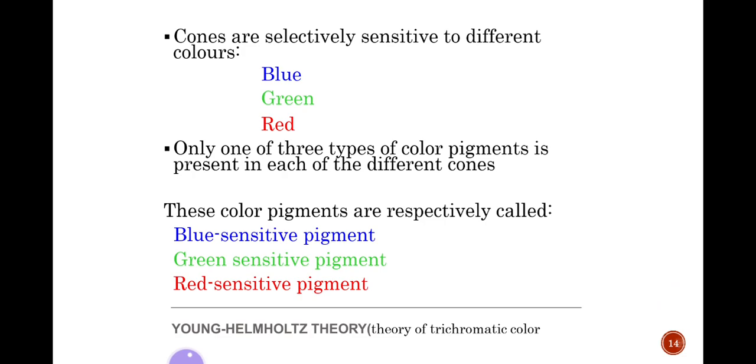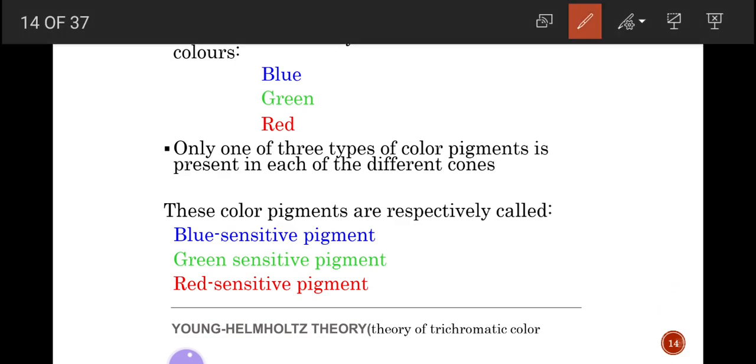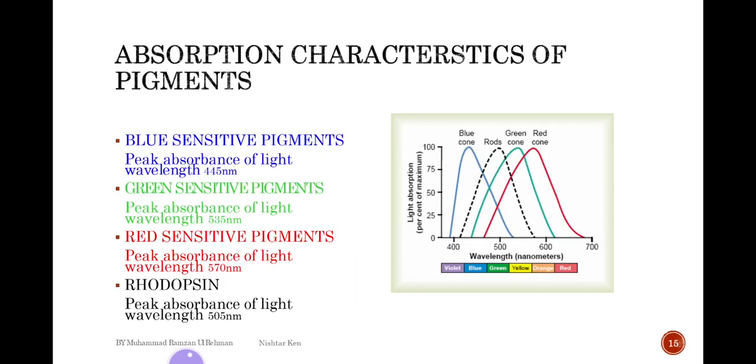Only one of the three types of color pigment is present in each of the different cones, and this is explained by the trichromatic theory or Young-Helmholtz theory. These color pigments are respectively called blue sensitive pigment, green sensitive pigment and red sensitive pigment. This picture shows the absorptive characteristics of the pigments.